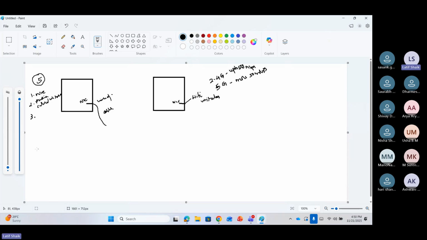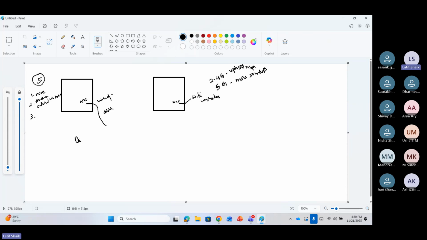Third one. You have a device and a NIC to connect, and depending on the type of connectivity, wired or wireless, you have that related NIC and that related cable or media. Now you need to be connected, right?